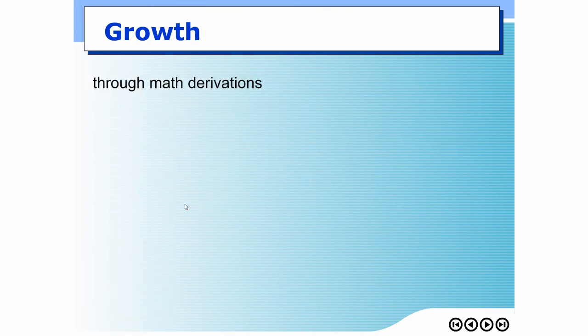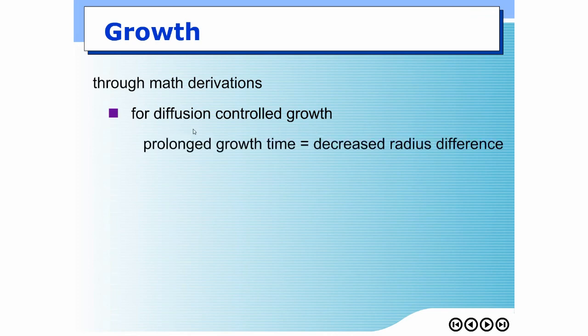We can derive mathematically that if diffusion, the blue steps, control the growth, if diffusion is the slowest step, then the longer the growth time, the more the radius difference decreases. What does it mean, decrease in radius difference?